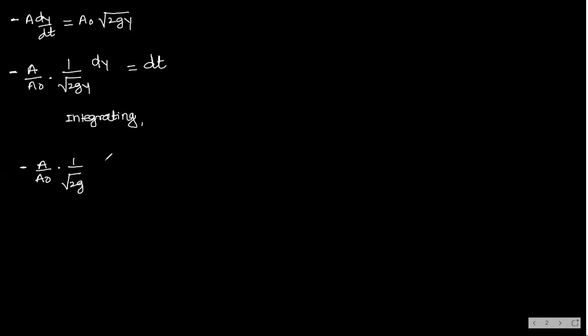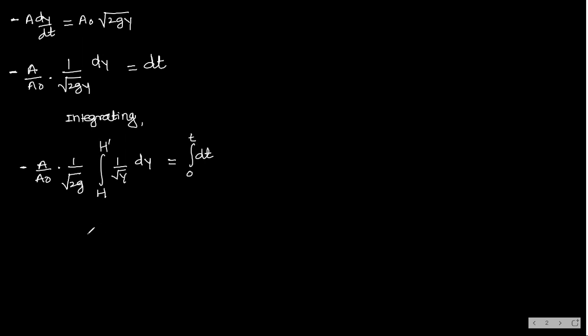This root 2gy is there now; I am writing it as root 2g into root y, so 1 by root y into dy. And this is equal to the integration of dt. Now this root y, whatever the height is there, is dropping from h to h dash. That's why I am taking limits from h to h dash, and here 0 to t.